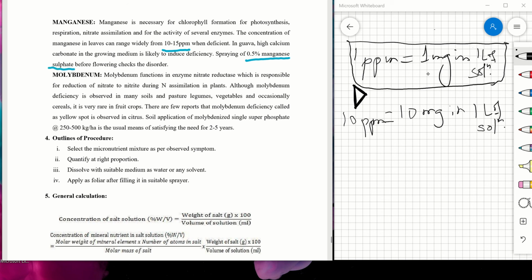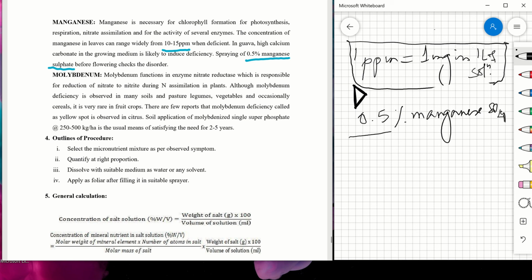To check flower drop, you want to spray 0.5% manganese sulfate, so you want to prepare 0.5% manganese sulfate.